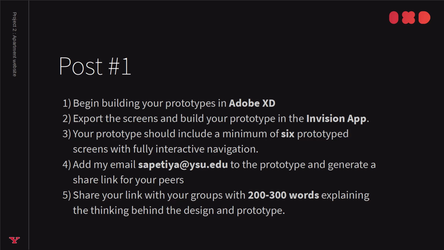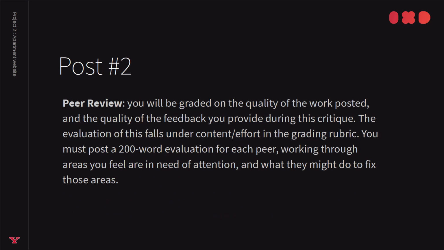Again, there's a video, I believe video 7, down in the instructions that walks through that, and then generating a share link that you can provide to your peers. Share your link with your group along with 200 to 300 words explaining your thinking behind the design and the interactive prototype. Also, let us know if you created any advanced interactions, overlays and things like that, so we can make sure we check them out and see how you did. And maybe you learned something new about InVision in the process.